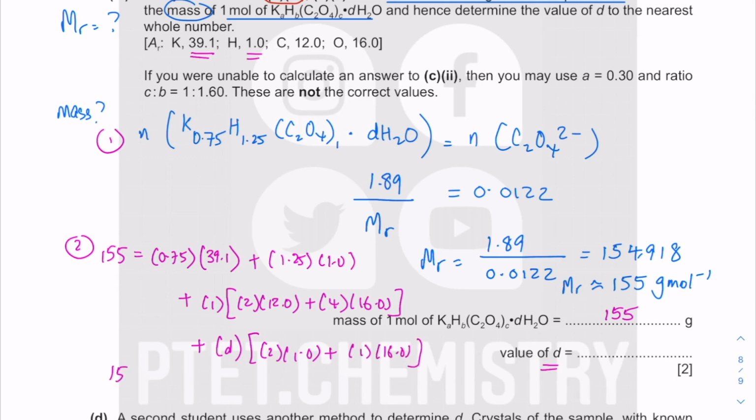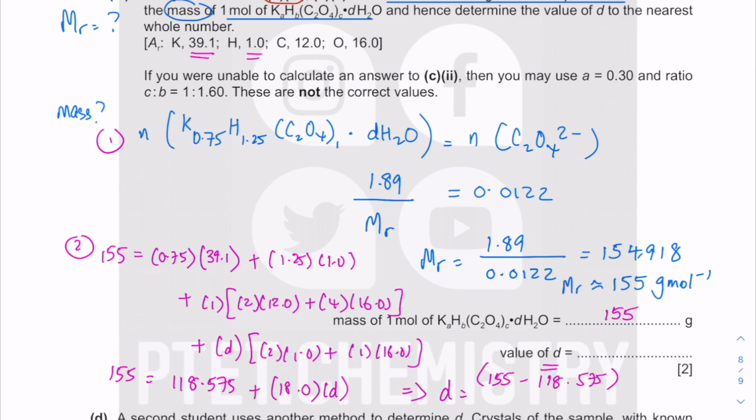Okay, so 155 equal to, put that into your calculator, so that give me 118.575 plus 18.0 D. So D is equal to 155 minus 118.575.